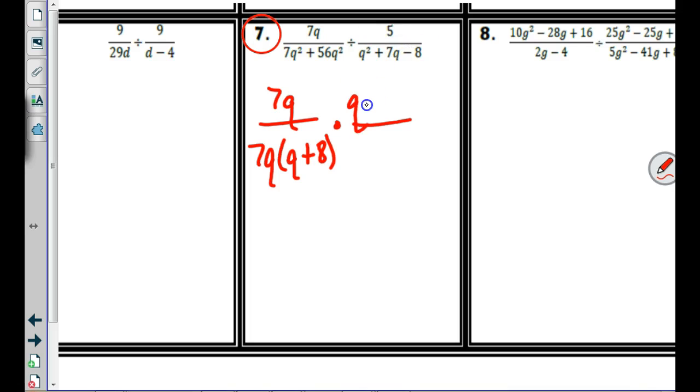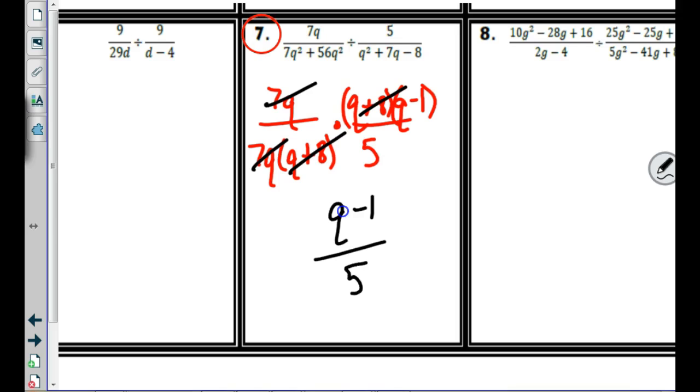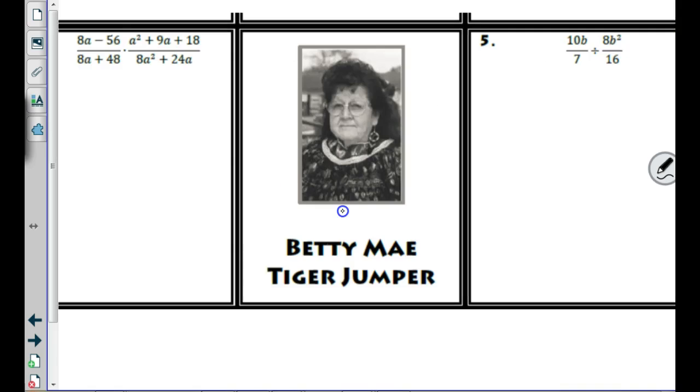It would be q plus 8, q minus 1 over 5. What would happen? The q plus 8s would cancel, and 7 and q would cancel. So we'd end up with q minus 1 over 5, which if you go back to the people puzzle should be one of the choices, and you should be learning something about Betty Mae Tiger Jumper.